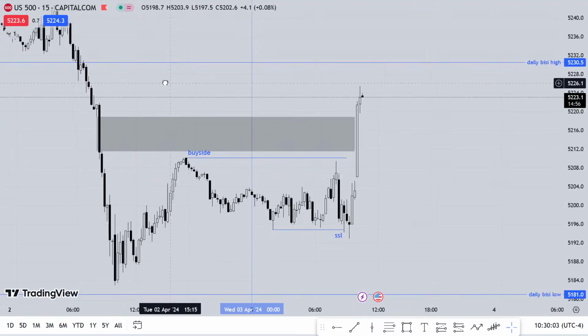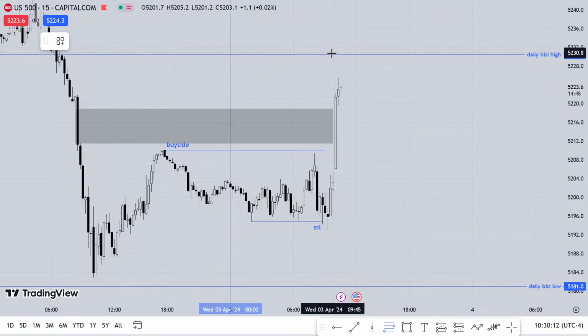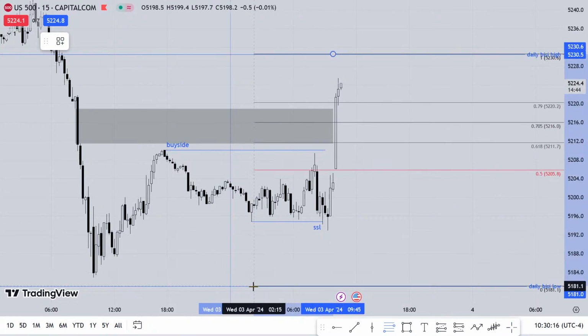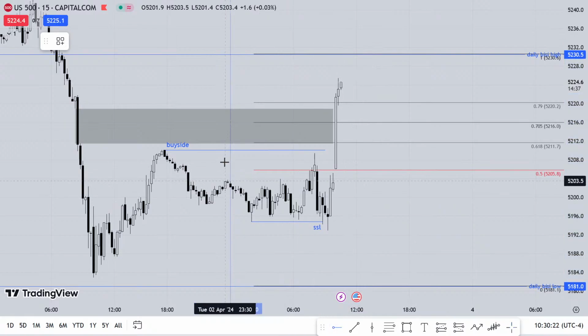So the higher time frame point of reference we're working with currently now is this daily BC high and this daily BC low. And if you put a fib here, this is the equilibrium point of that, the consequent encroachment of the daily fair value gap.